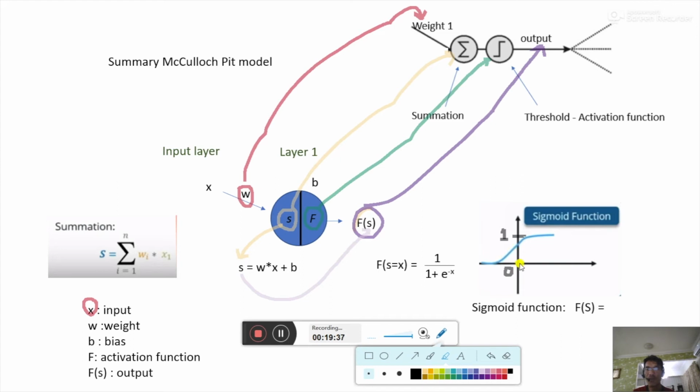If S is positive, no matter how large, the output is always 1. So the output is 1 whatever the input, from 0, 1, 2, 3 up to infinity.